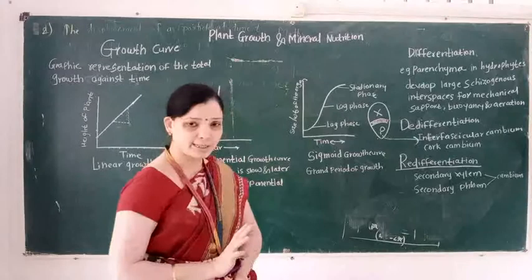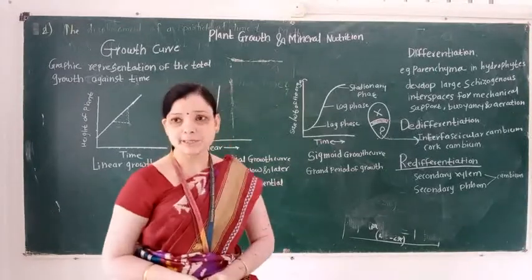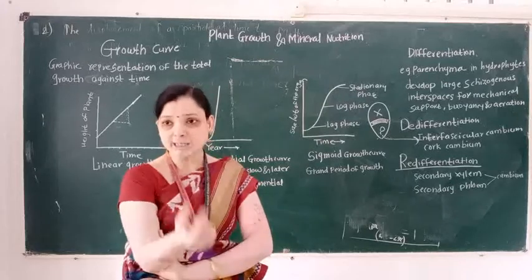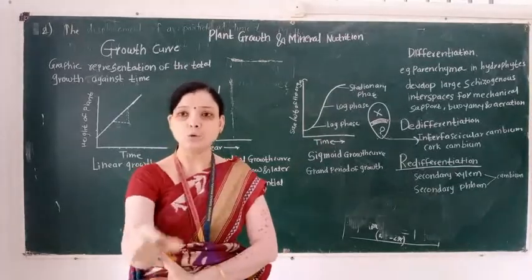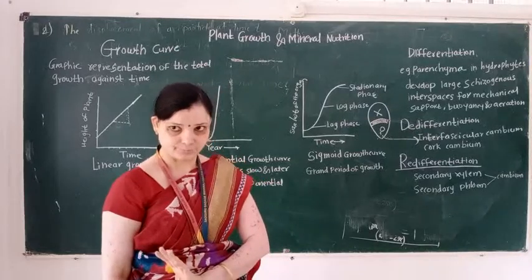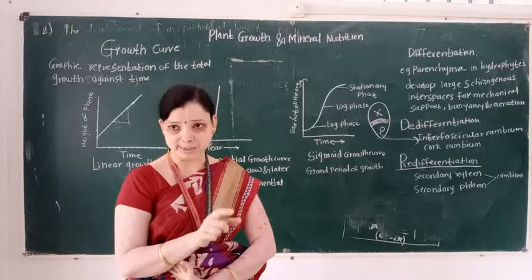This process is known as dedifferentiation. And what is redifferentiation? Redifferentiation means dedifferentiated cells again lose the power of cell division. This condition is known as redifferentiation.